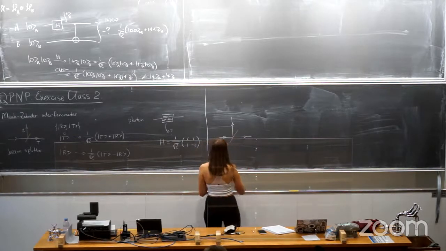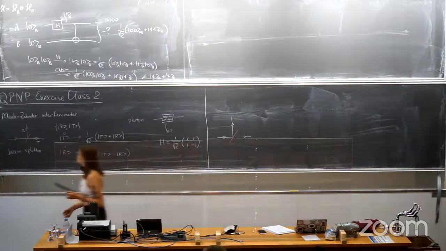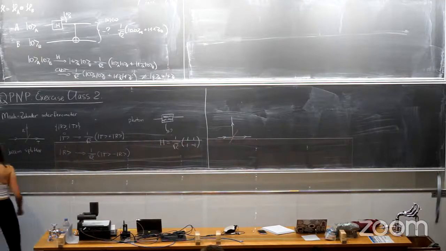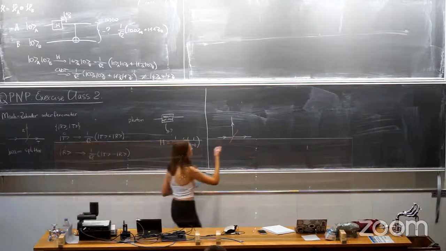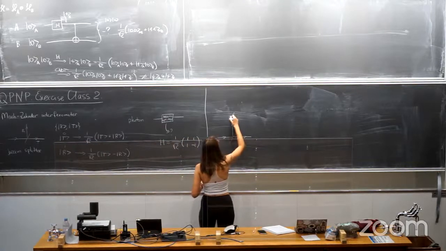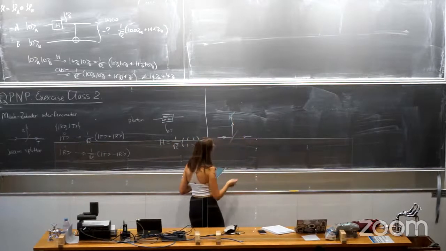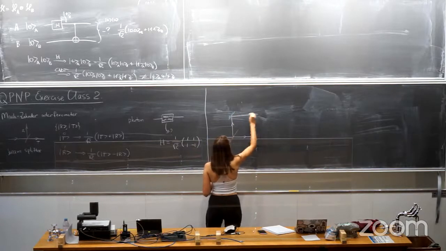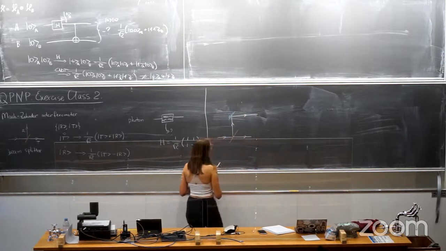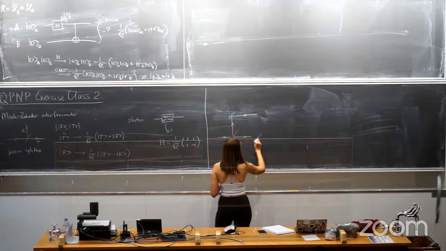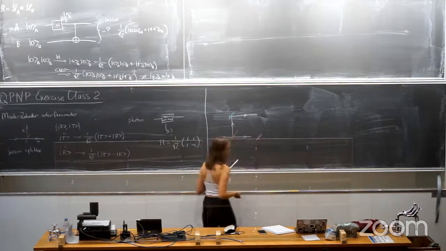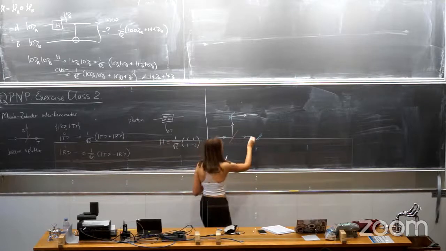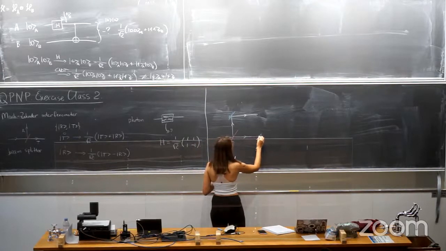For this, there is an additional element in this setup: we put a mirror which fully reflects this beam here. And we put a mirror here, which fully reflects the transmitted beam.